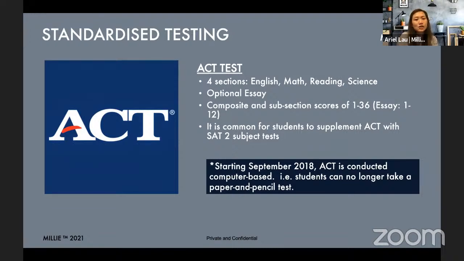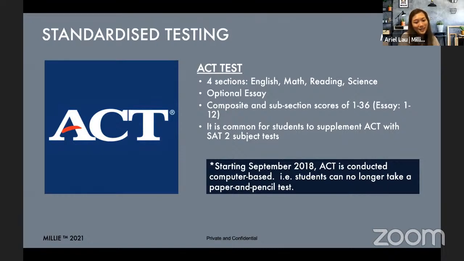Before, it was actually quite common for students to supplement their ACT with SAT 2 subject tests, so they submit the whole set with 2 different types of test results. However, right now, without the SAT 2 test, you can just submit your ACT and your in-school transcript. One thing to note is that starting September 2018, ACT is conducted computer-based.